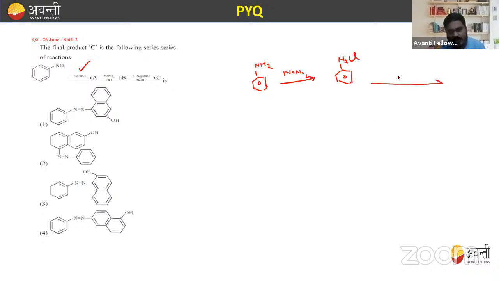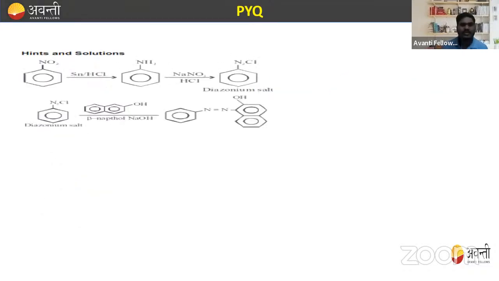When this diazonium chloride is treated with beta naphthol and NaOH, C forms, and you have to identify which one is C.